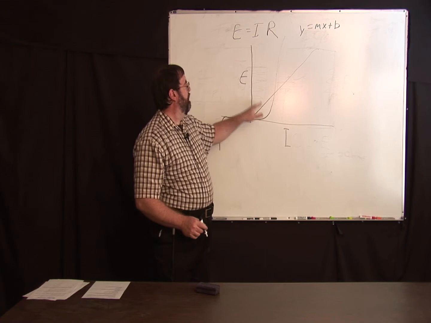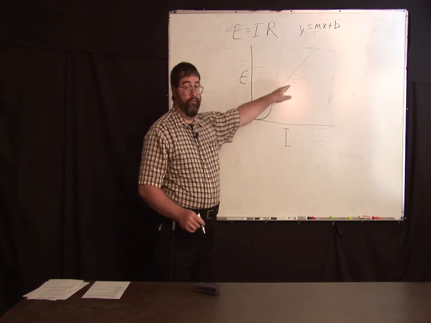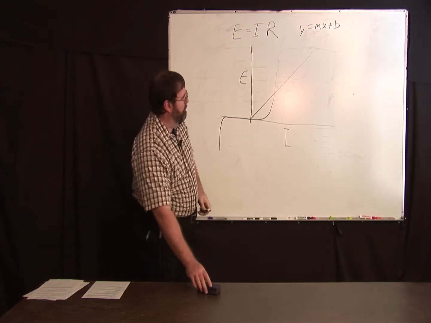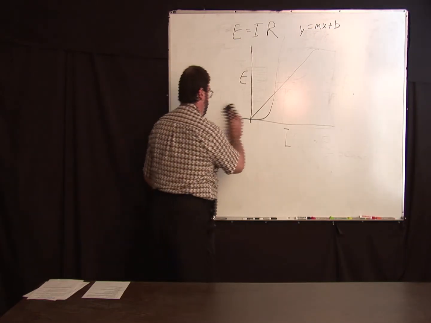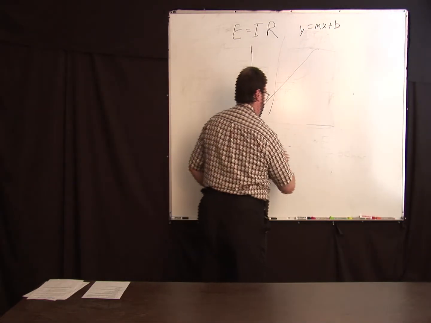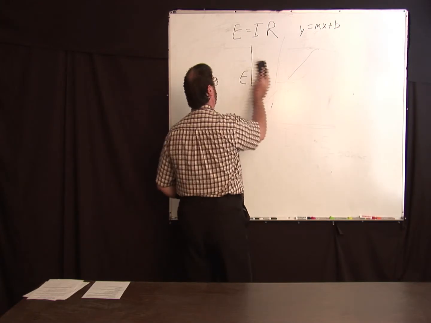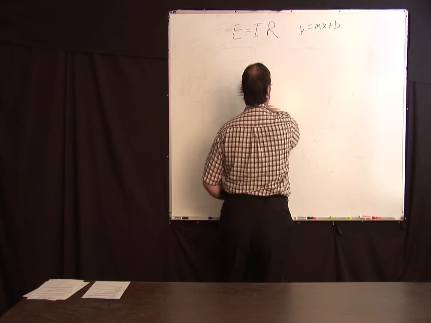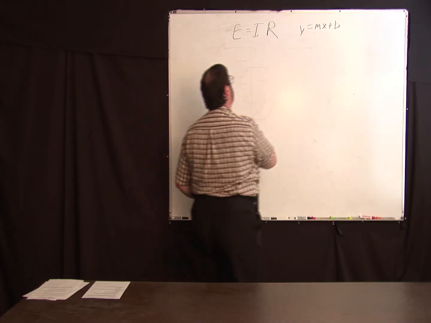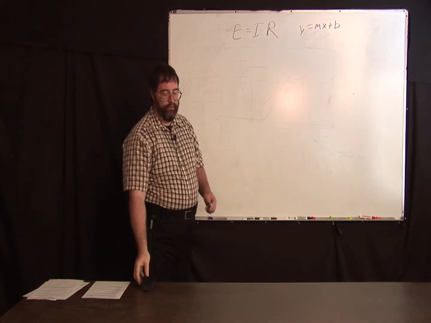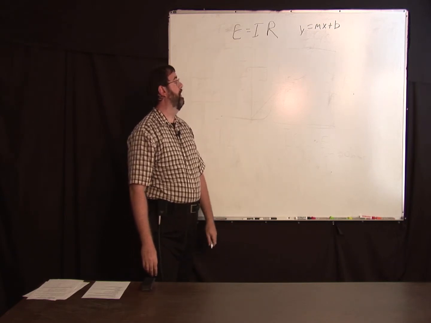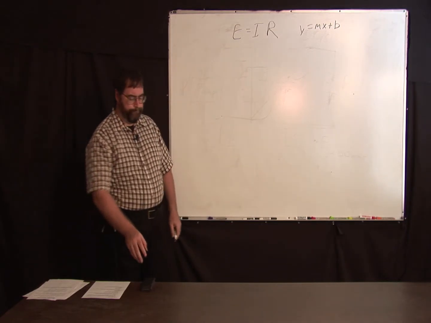Even resistors don't follow this simple rule exactly, because there are other things in there, but it's approximately true for a lot of circuit elements. In fact, even if Ohm's law were not true, you still could define resistance as the ratio of a voltage to a current.